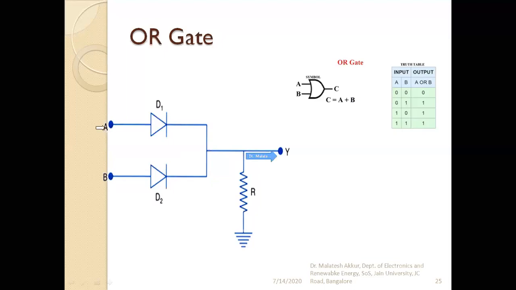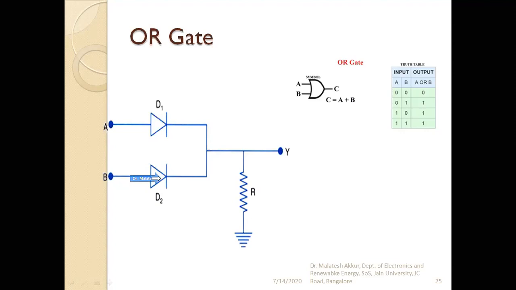Okay, let's see the conditions now. The first condition: A is 0, B is 0. If A is 0, we can apply the voltage from here to 0 and from here to 0. If A is 0 and B is 0, both the diodes D1 and D2 are unbiased.